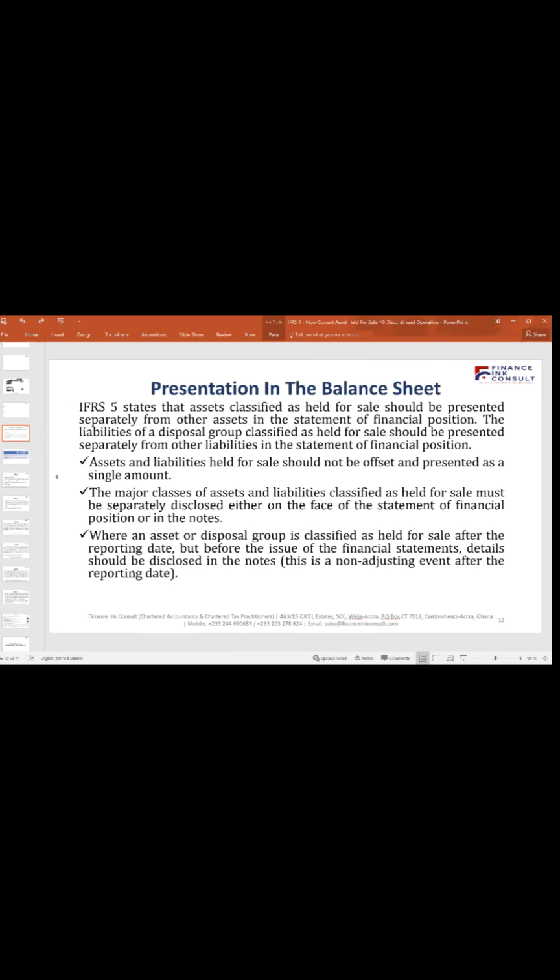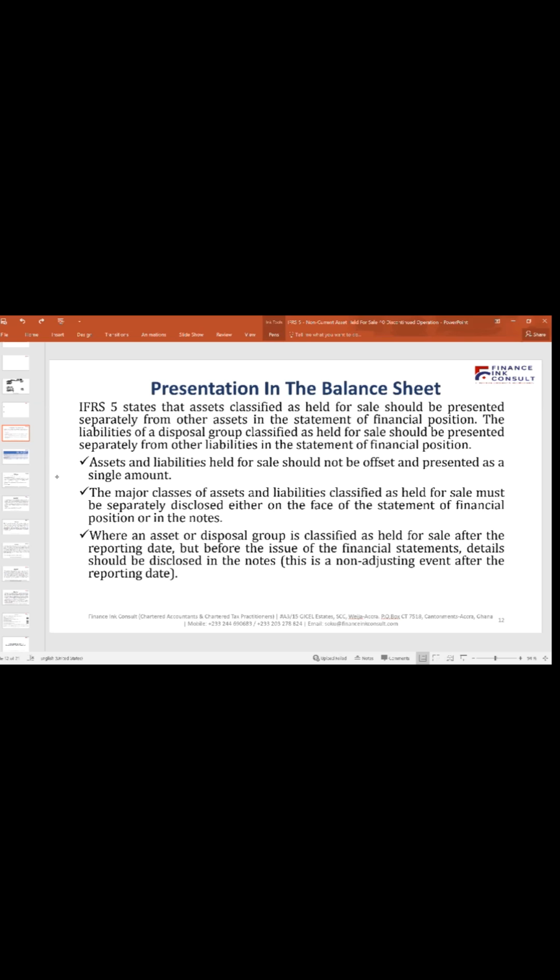So the major classes of assets and liabilities classified as held for sale must be separately disclosed either on the face of the financial statement or in the note. So we can just have disposal group on the face of the balance sheet or statement of financial position.